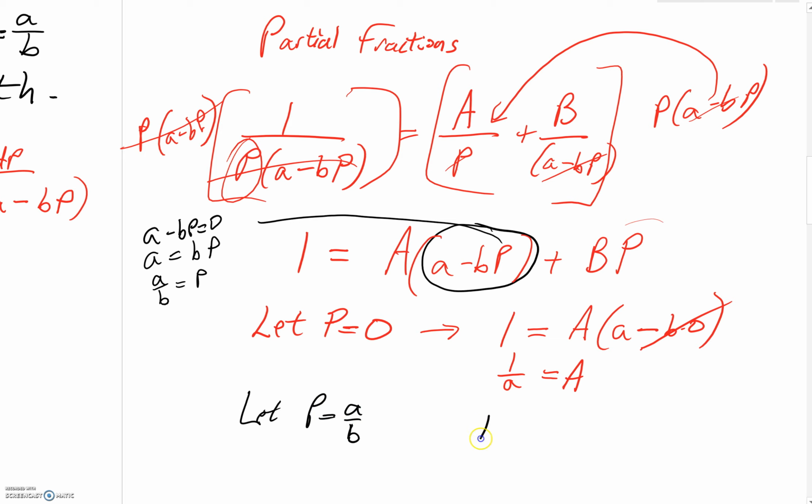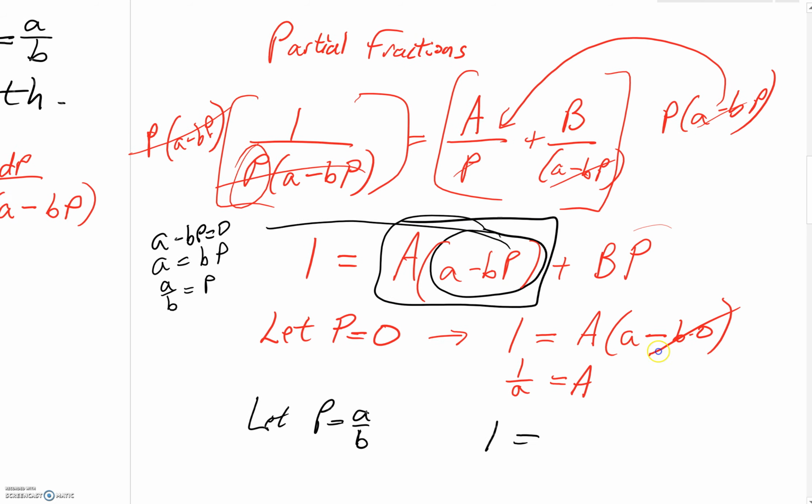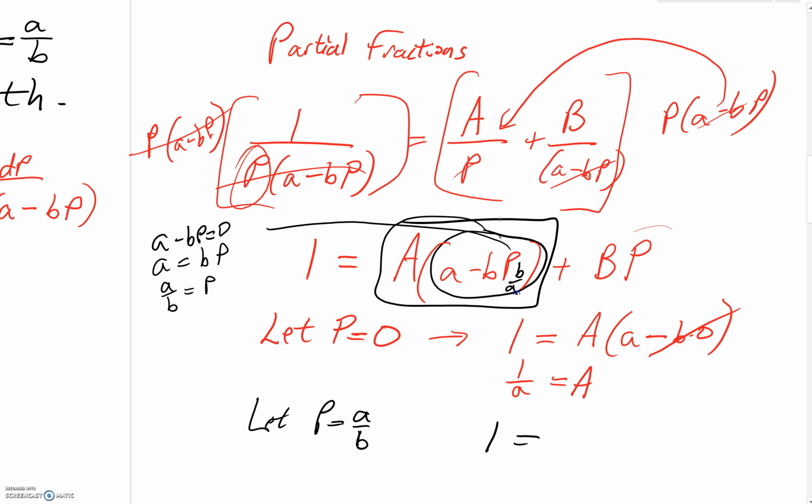Well, you have a 1 on this left side. This whole big mess right here is going to cancel out. Because when you have your a over b, your b's canceling, you have a minus a, that's 0. And then over here you'll have your b times a over b. So multiply by your reciprocal, multiply by b over a.